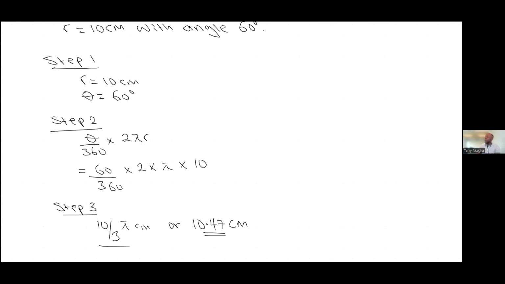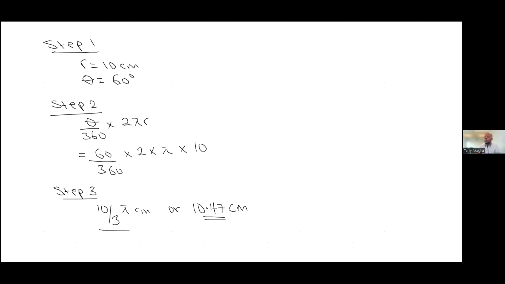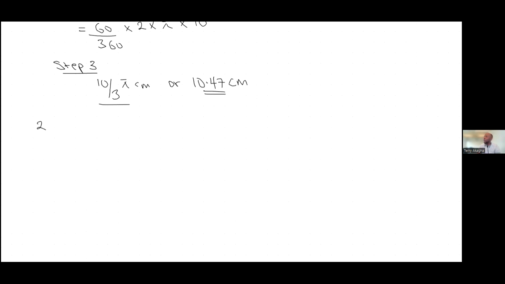So let's pick another example. Let's take question 2 now. I have a quick example here. We're told to find the arc length of the sector below.